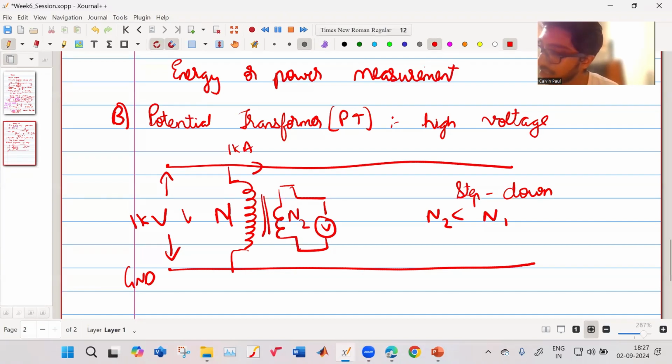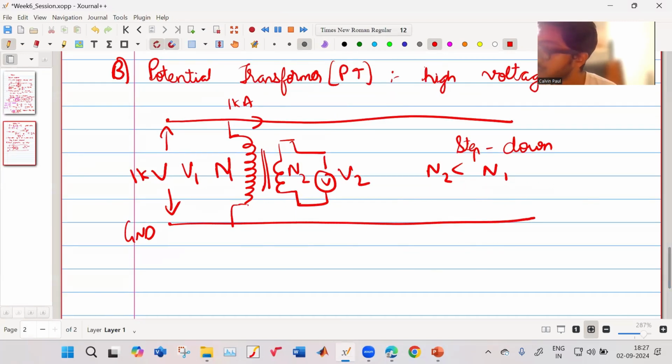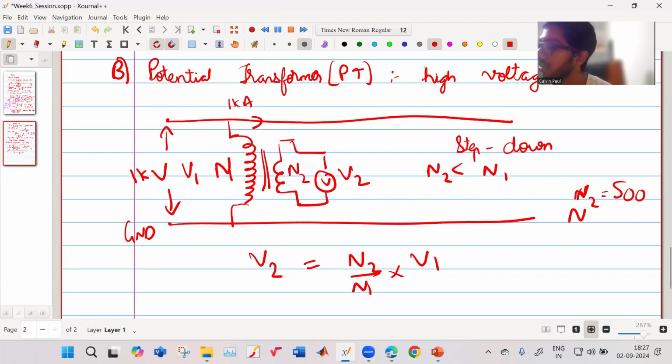So let us say this is my V1 and this is my V2. So my V2 will be equal to N2 upon N1 into V1. So let us consider some numbers.